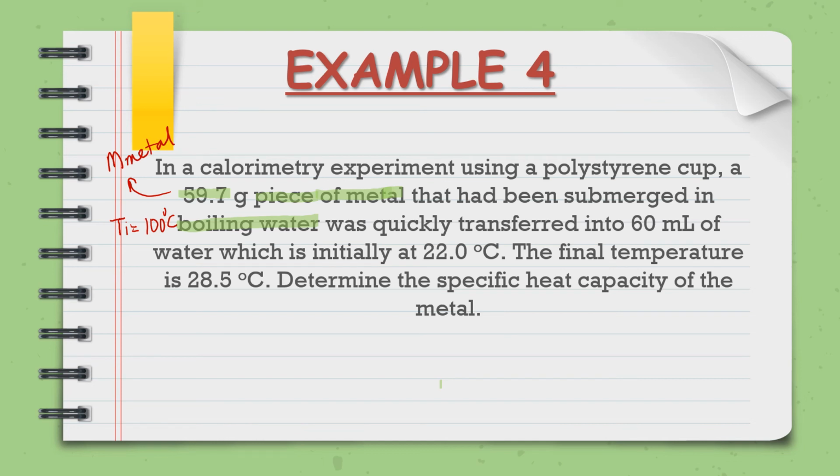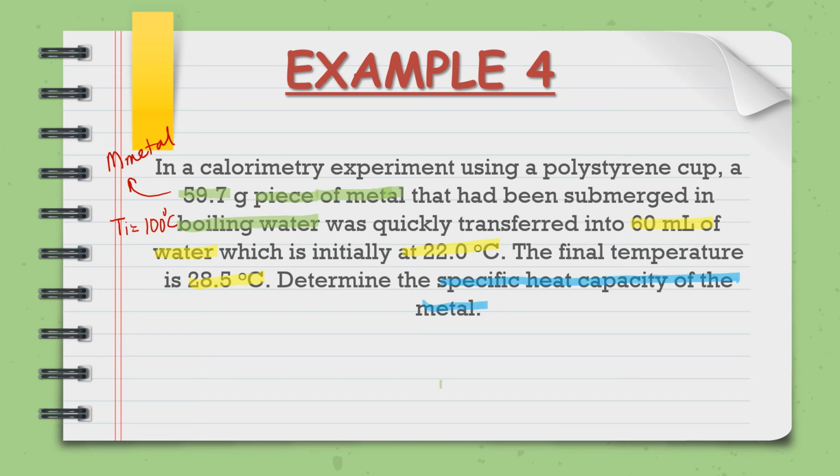Okay, next, what information do we have? It is quickly transferred into 60 ml of water, which is initially at 22 degrees Celsius. So the final temperature is 28.5 degrees Celsius. So determine the specific heat capacity of the metal. The question asks for the specific heat capacity of the metal.